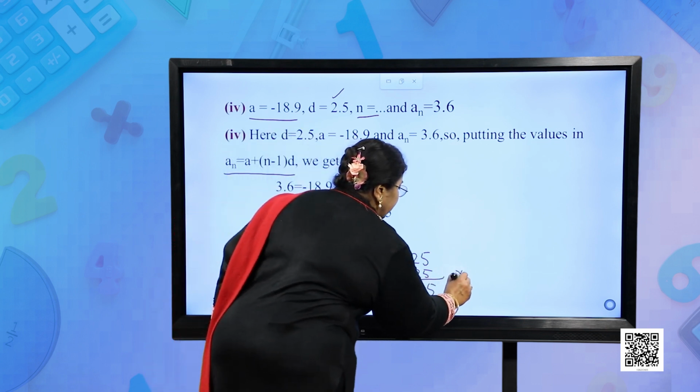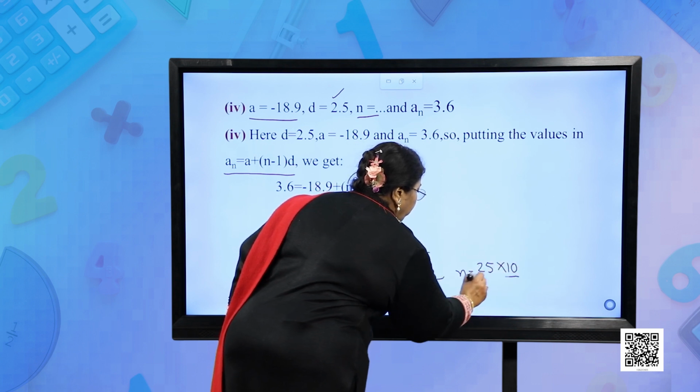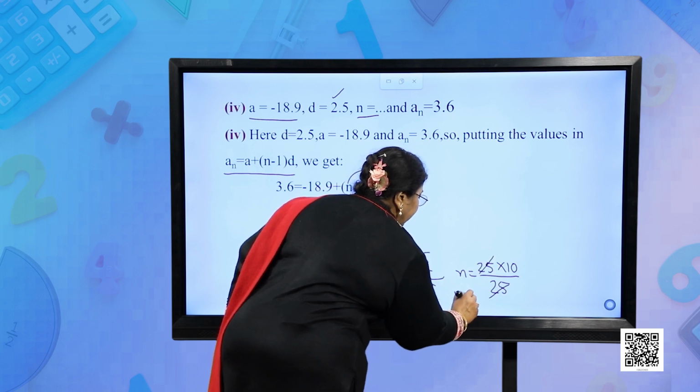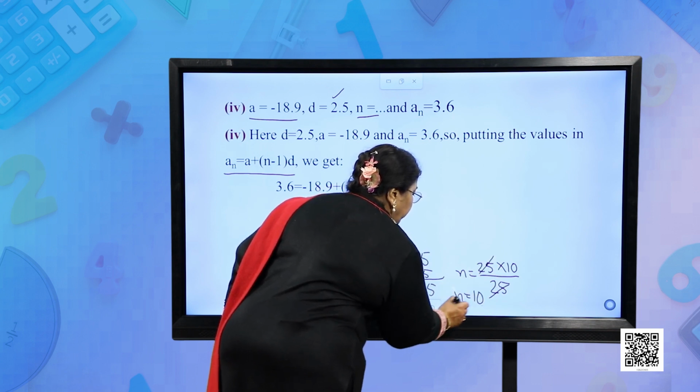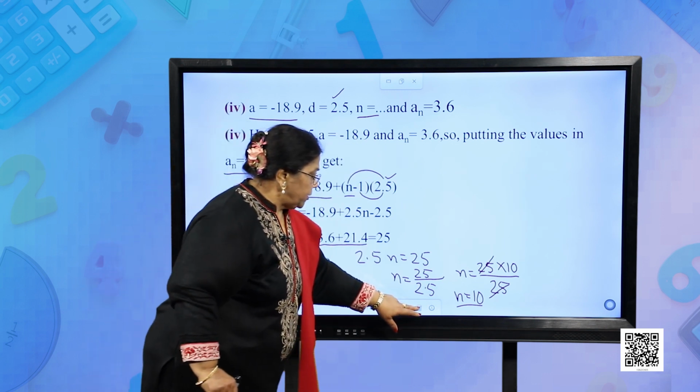If I simplify this, n is equal to 25 into 10 upon 25, and thus the value of n is 10. I hope it is clear. Yes. Let us do the next question.